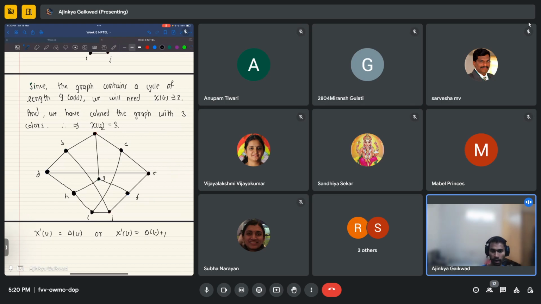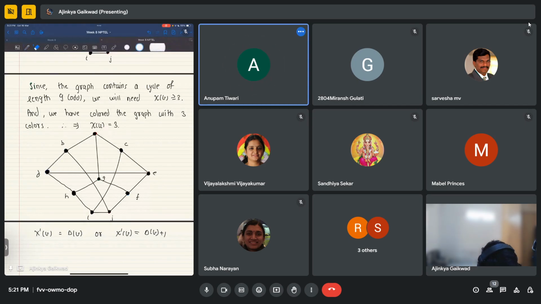For every graph, you will see the chromatic index is either delta G or delta G plus 1. So this is a theorem. I think it is mentioned in one of the lectures, so you can check that. We just have to determine if the answer is delta G or delta G plus 1. So what is delta G in this graph? Can anyone tell me what is delta G?